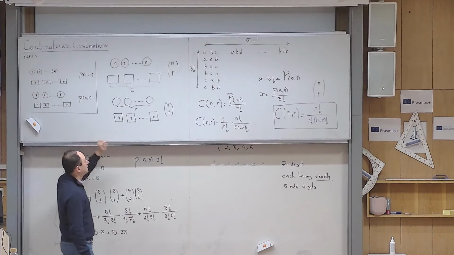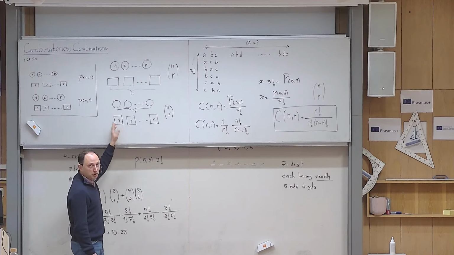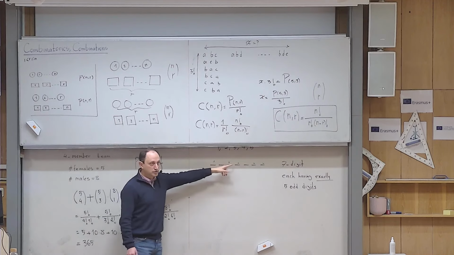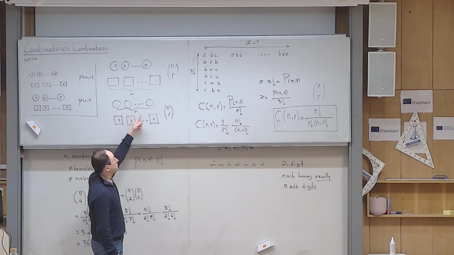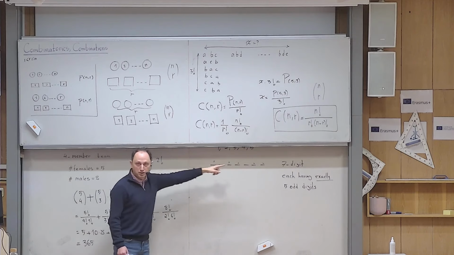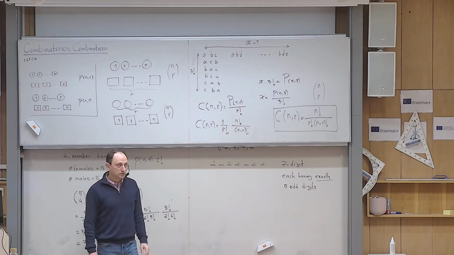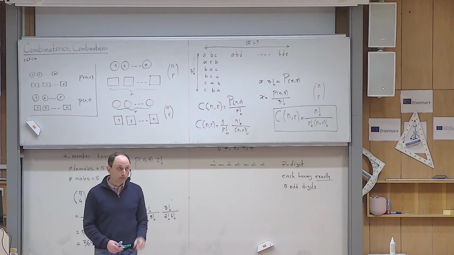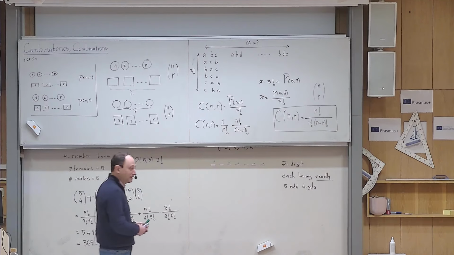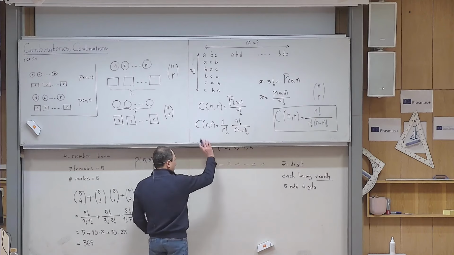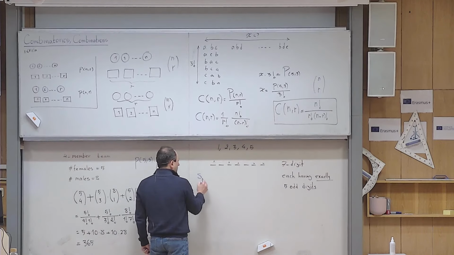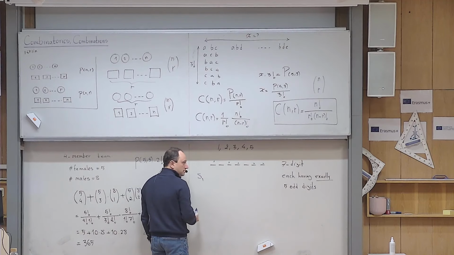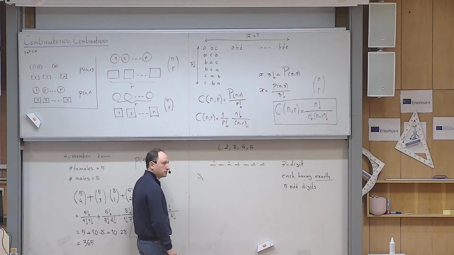My marbles are those green crosses, they are indistinguishable, and I have 7 distinguishable locations. So that is not a permutation problem. If this is my story, stage number one is the number of ways that I can do these 5 green crossings.